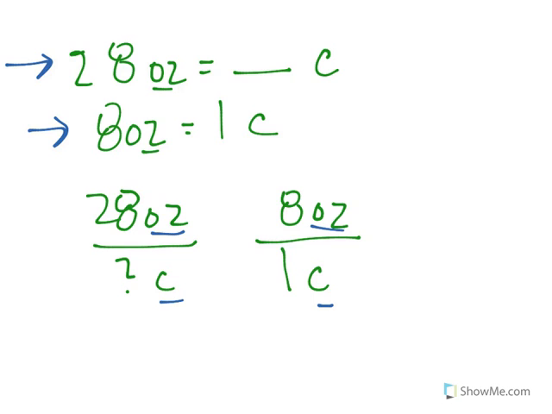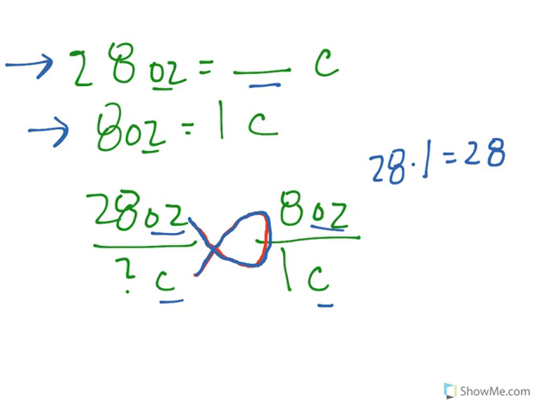I'm going to say 28 times 1, notice I'm going across, divided by 8 equals my unknown amount of cups, which is what I'm solving for. 28 times 1 equals 28.